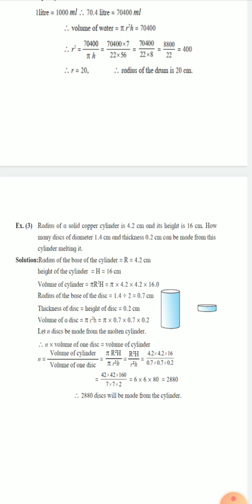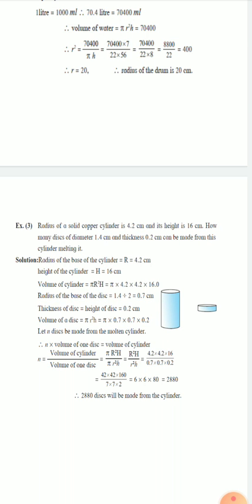So we have to find out how many discs can be made from this cylinder. So we have to just cut the cylinder in the form of discs of the given dimensions, so that we can find out how many discs are made from this cylinder.